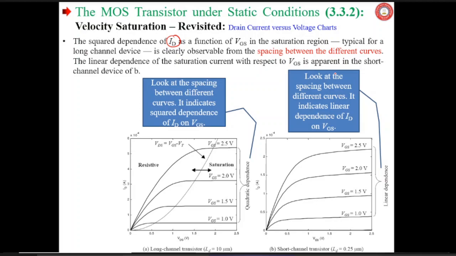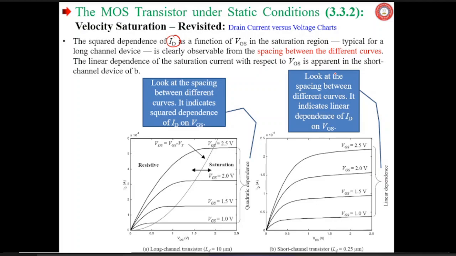Notice also how velocity saturation causes the device to saturate for substantially smaller values of VDS. This results in a substantial drop in current drive for high voltage levels.